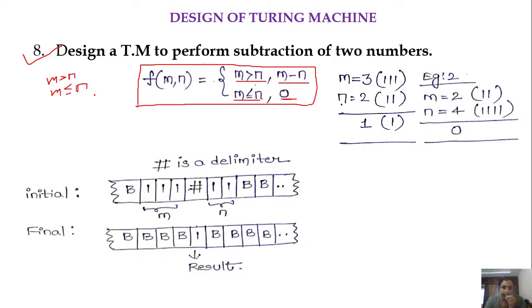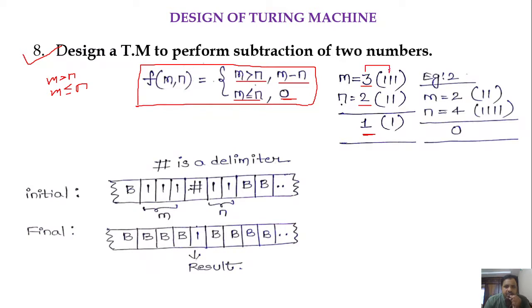Okay, so how do we perform the subtraction? Same, I am considering here m as 3, n as 2. So m minus n, that means 3 minus 2, the result will be 1. Okay, so this is general subtraction, right? While implementing the Turing machine for this particular problem, first we represent m in terms of number of ones.